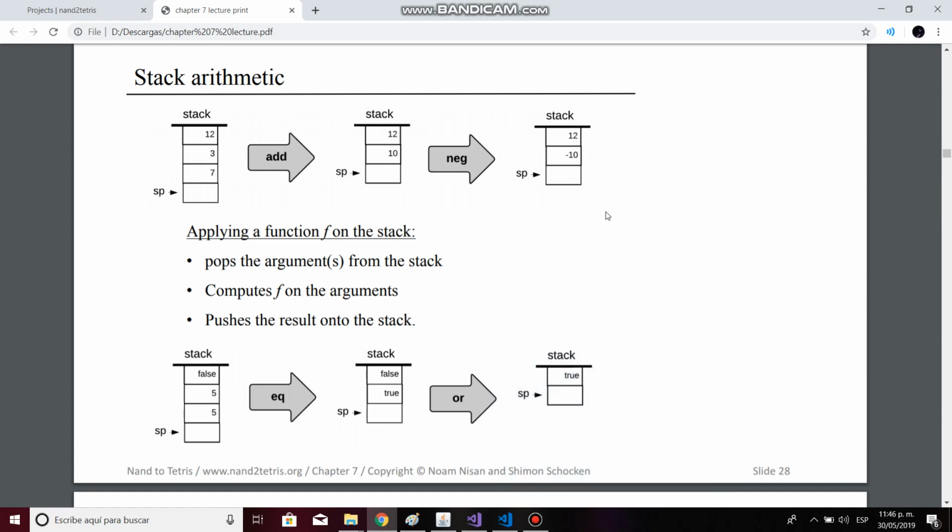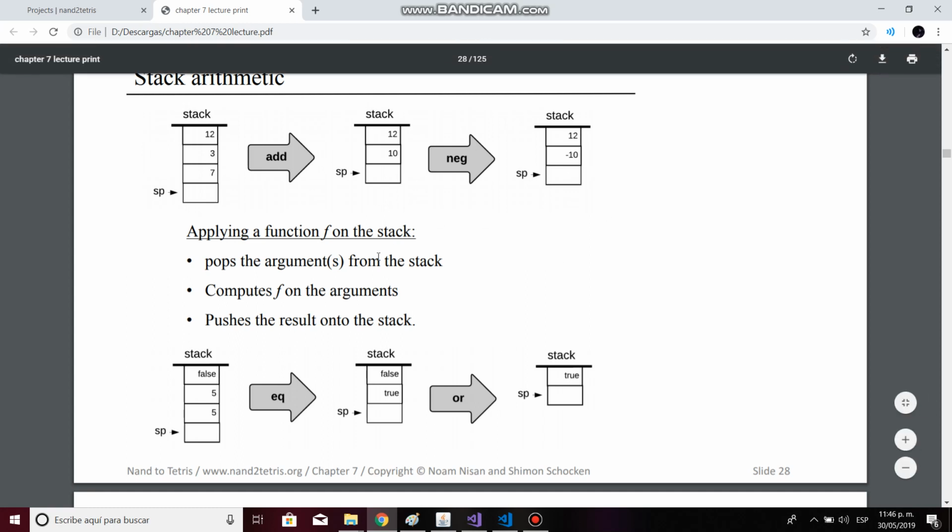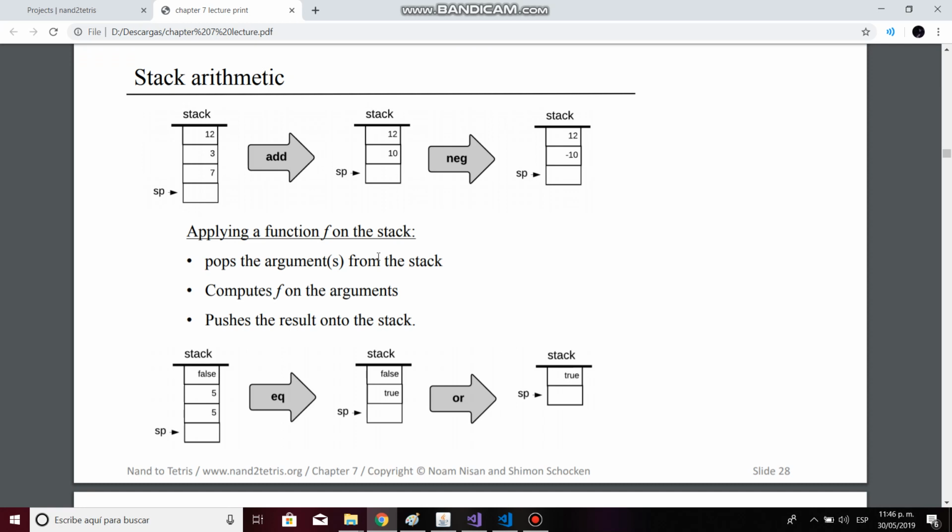Okay, so pushing and popping things out of the stack won't even make sense if we cannot do some operations with them. So the VM language allows us to do some basic operations such as adding, negating, equals, or not, subtracting.